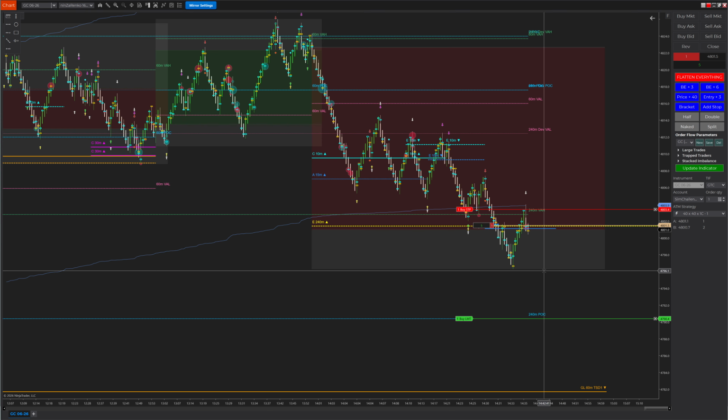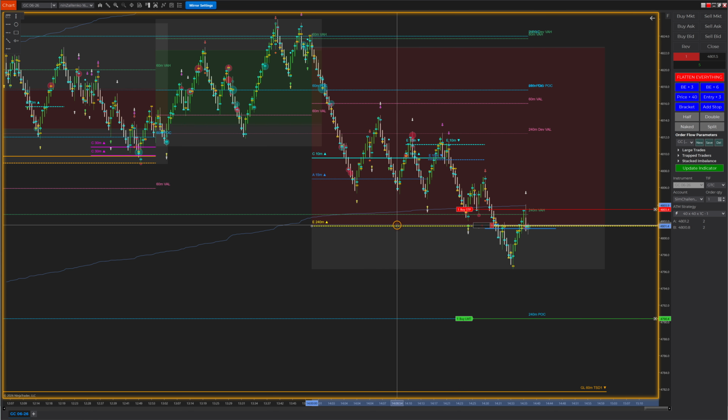I think I also mentioned this before, the 4 hours are more like zones than exact levels. So I feel a little more confident. I'm not thrilled about that 15-minute, but yeah, this could be a bad trade.